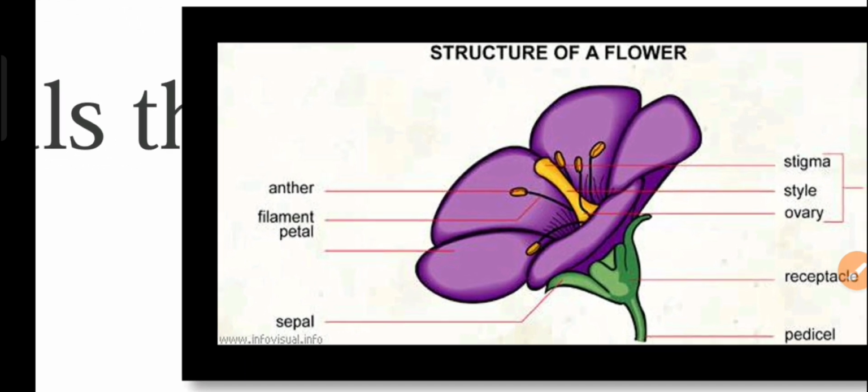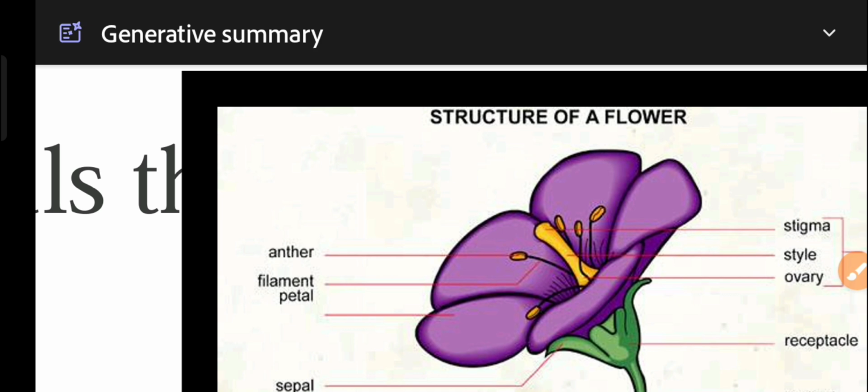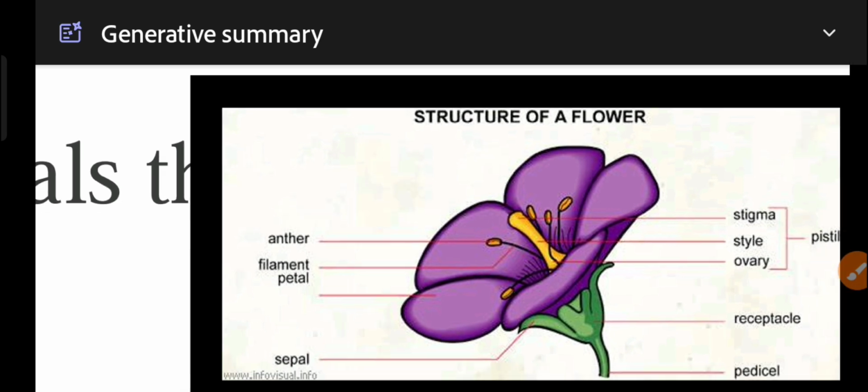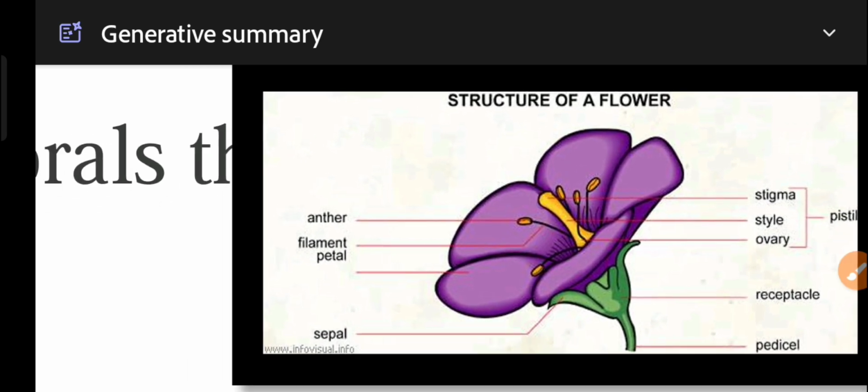It is a highly condensed modified shoot in which the leaves form different floral structures. In the shoot system of the plant, the flower is a highly condensed modified structure. Leaves form the floral structure. A typical flower is divided into three main parts.